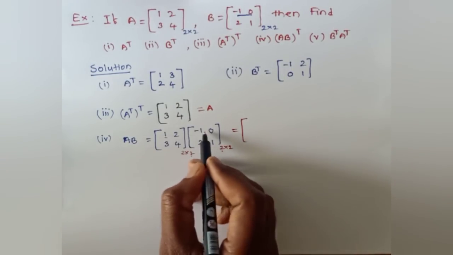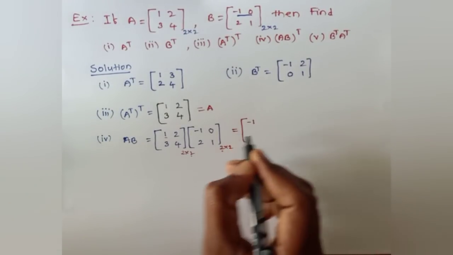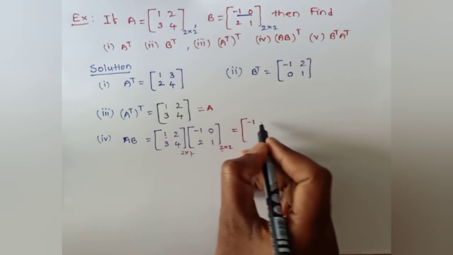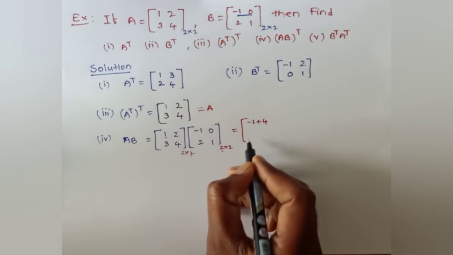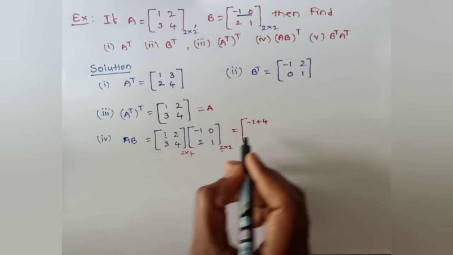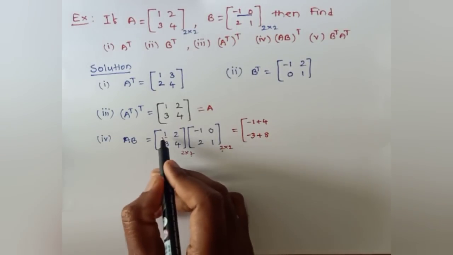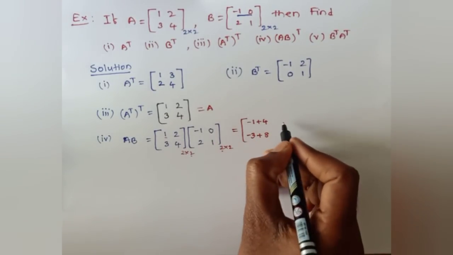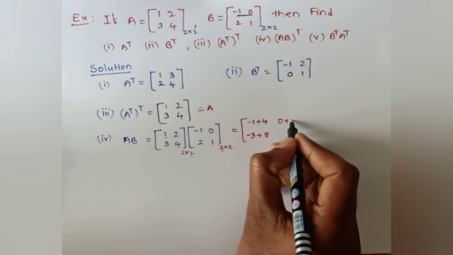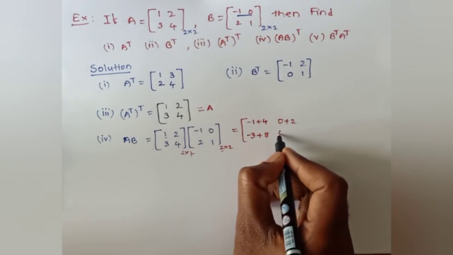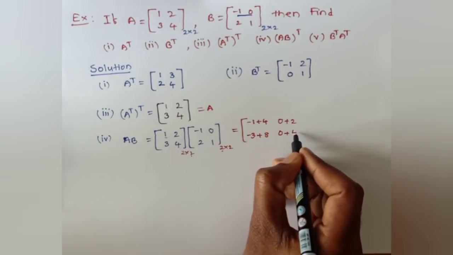Means 1 into -1 plus 2 into 2, 4. Next, for this element, 3 into -1, -3 plus 8, and this row into this column, that is 0 plus 2. Next 0 plus 4.